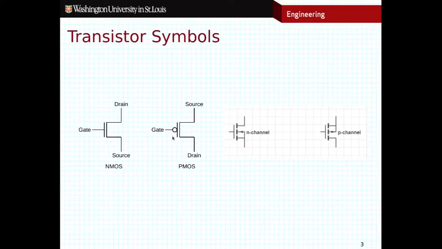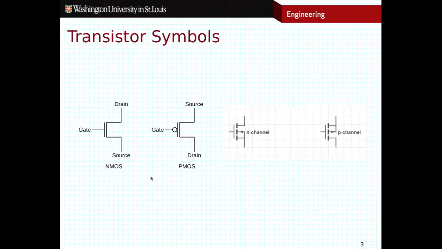The distinguishing feature here is this circle on the gate of the PMOS transistor. These are the simplest ways of representing these transistors. Entirely sufficient. You do not need to include the labels for the gate, the source, and the drain. That's not required. Just the symbol itself is fine, right? And if you're drawing these things out by hand, this is probably the easiest way to do it.